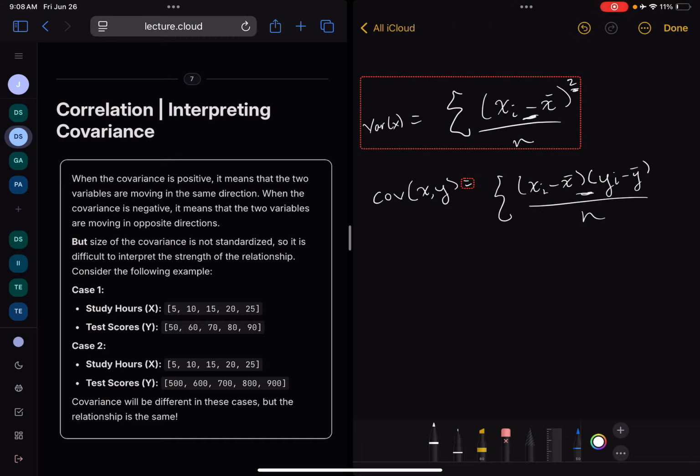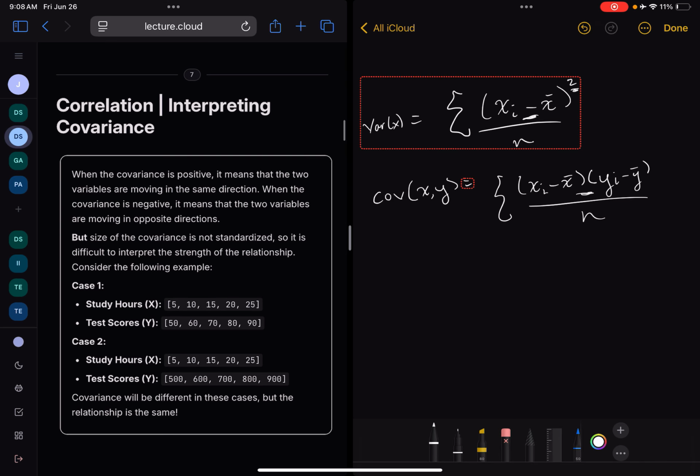In case 1, we have study hours x equal to 5, 10, 15, 20, and 25, and test scores y equal to 50, 60, 70, 80, and 90. In case 2, we have the same x, but an order of magnitude higher y. Now the relationship is actually the same, but the covariance is going to be very different when we calculate it out. So that presents an issue with using covariance.